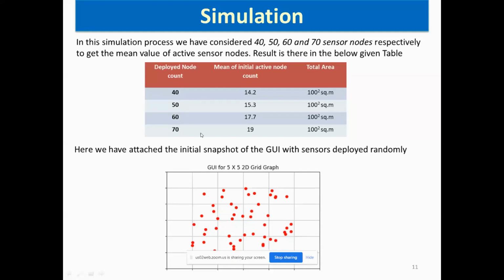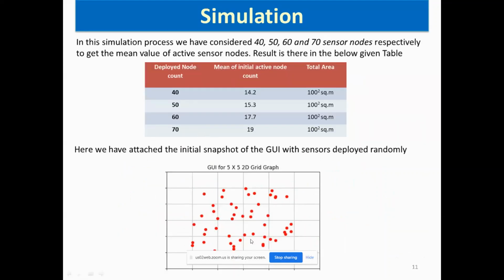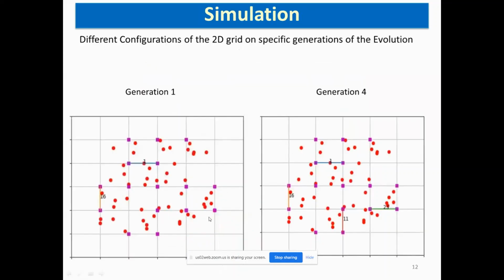And if you look at the generations and how this is working, if we pick these nodes as the cluster heads in generation one, then as I was saying at first, all the nodes, as you can see, 1 and 16, these two are already connected in the first generation.